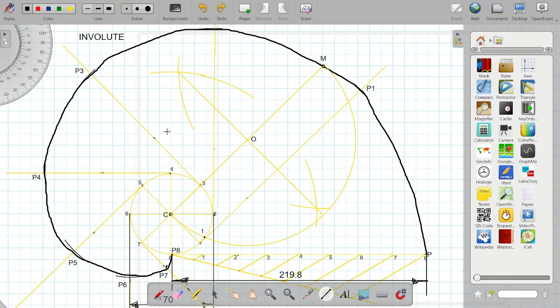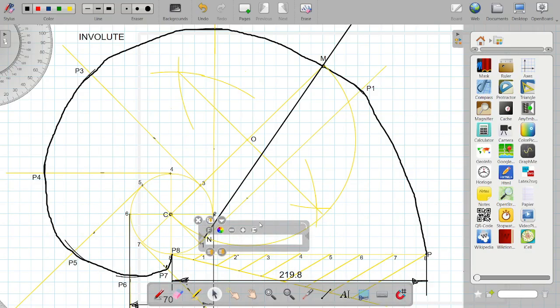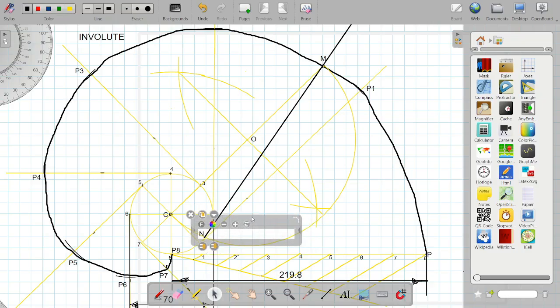Now, joining this point, which we just now got, the intersection of semicircle and circle with our point M. This line we just now draw, the line from the intersection of semicircle and circle to this point M is nothing but your normal. So I will name it as N and N.